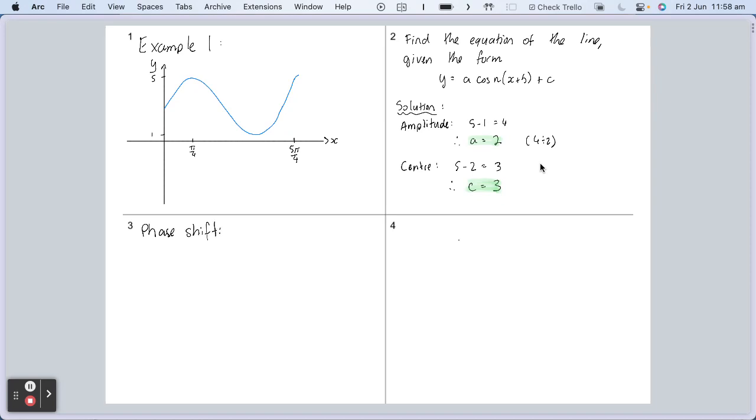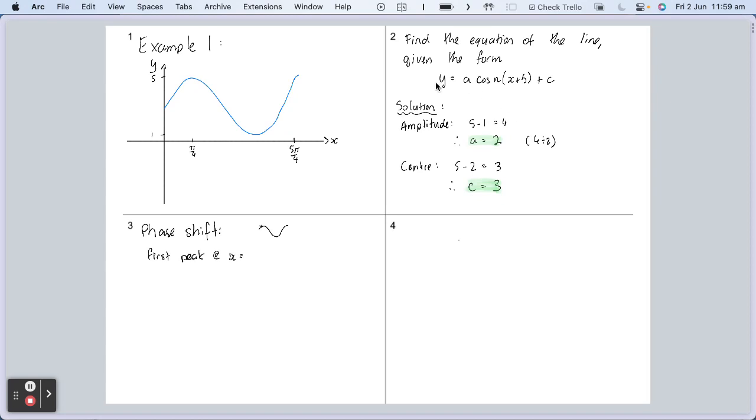Because it's cosine, I need to remember that cosine goes from a peak to a trough to a peak again. Okay, so it starts at a maximum. So I basically do this. I go first peak is at what?